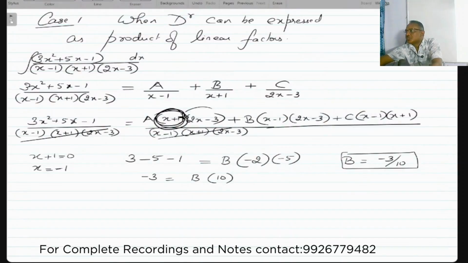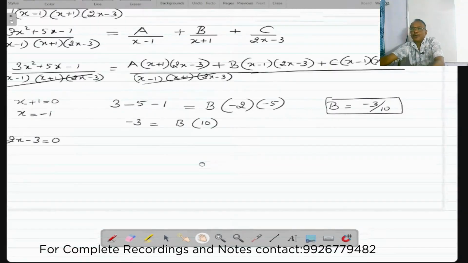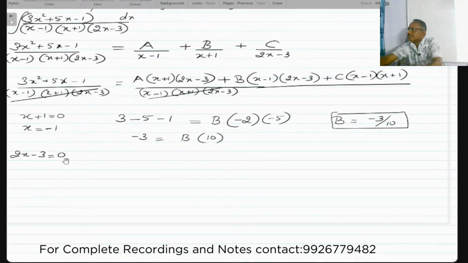Now let me give this one a chance, which means 2x minus 3, I am putting it as 0. If I put 2x minus 3 as 0, I will have the value of x as 3 by 2.